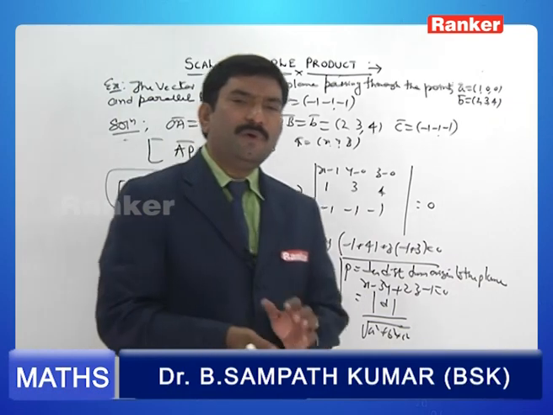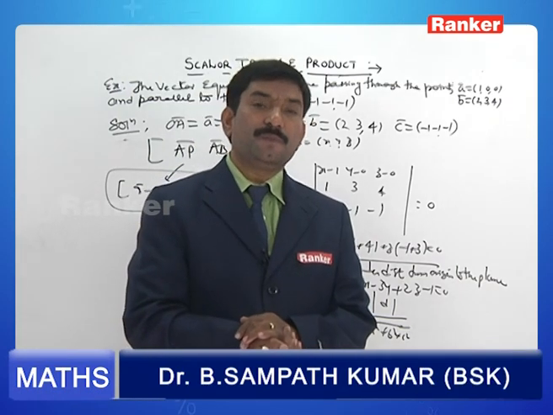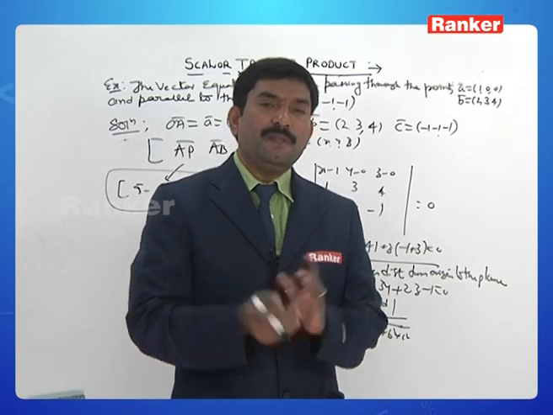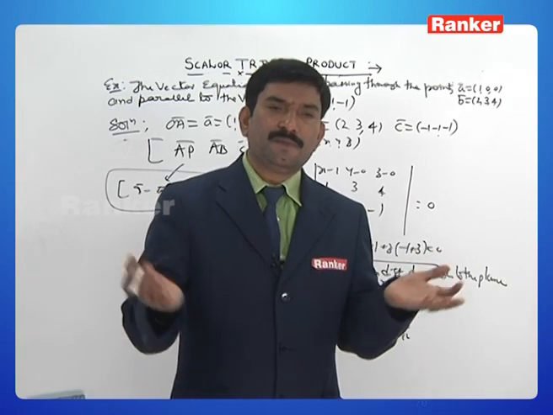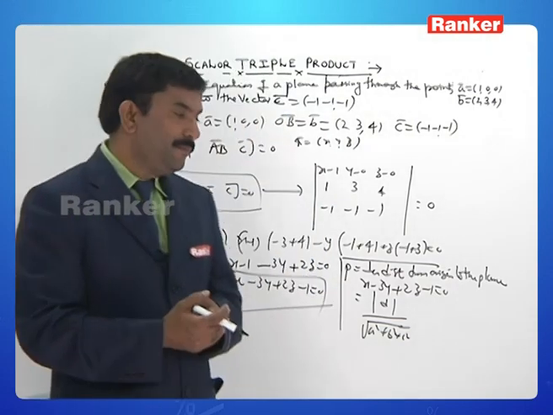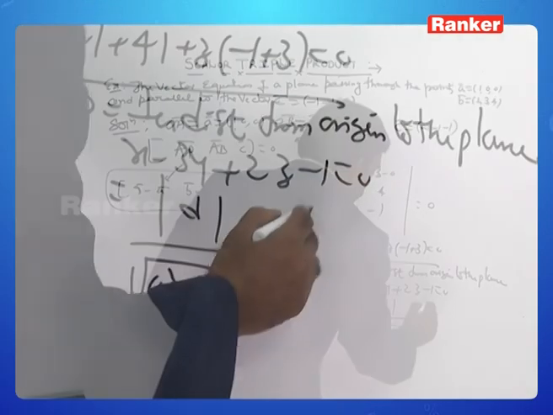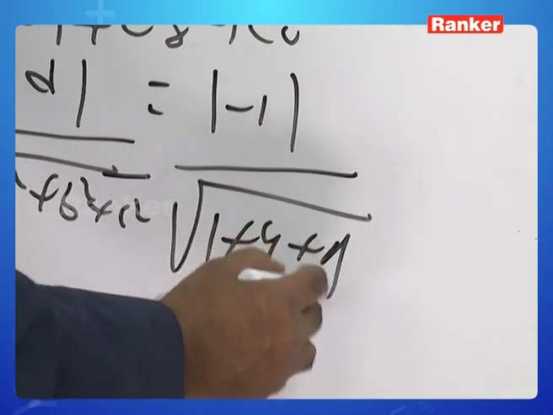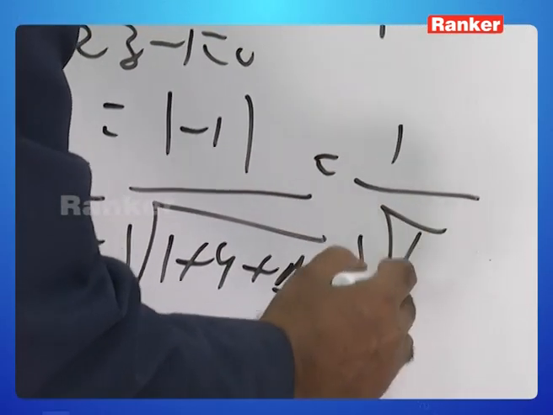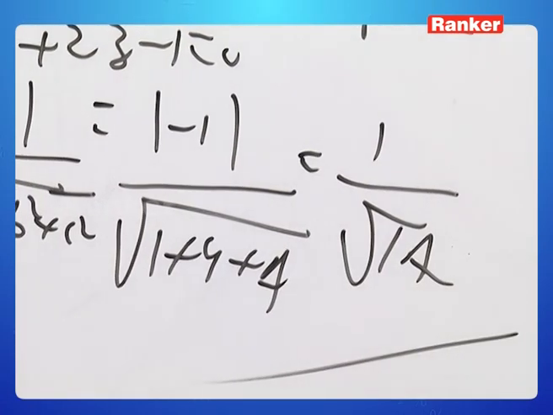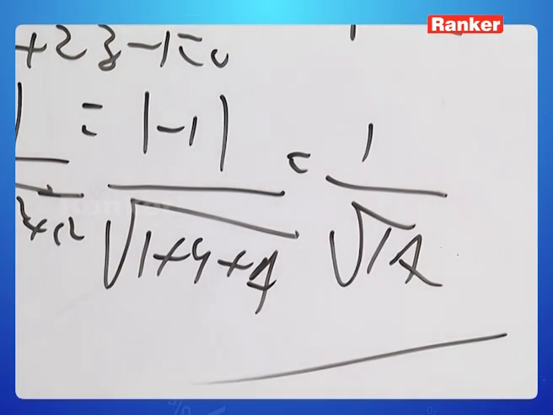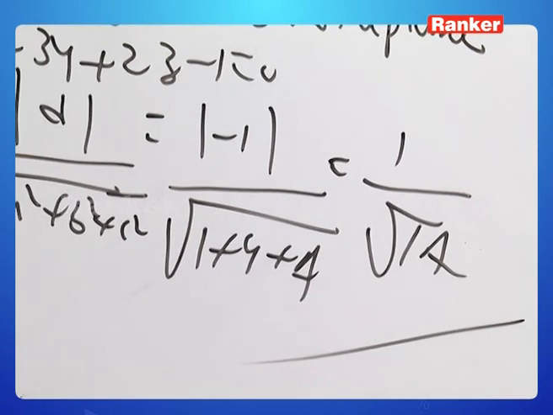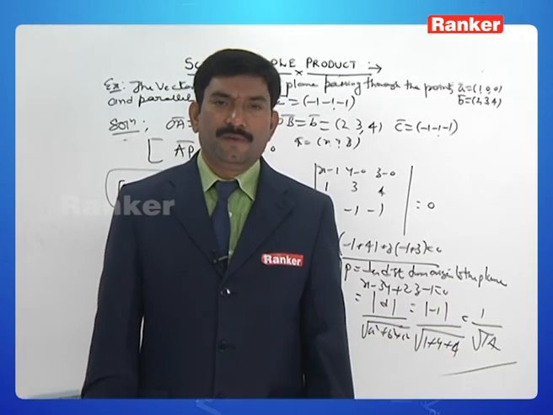Actually it is the modulus of Ax1 plus By1 plus Cz1 plus D by square root of A square plus B square plus C square. In place of x1, y1, z1 you are substituting 0, 0, 0. Therefore mod D is minus 1 by square root of 1 plus 9 plus 4. Therefore 1 by root 14 is the perpendicular distance from the origin to the plane passing through the 2 points A bar, B bar and parallel to the vector C bar. Followed? Thank you.